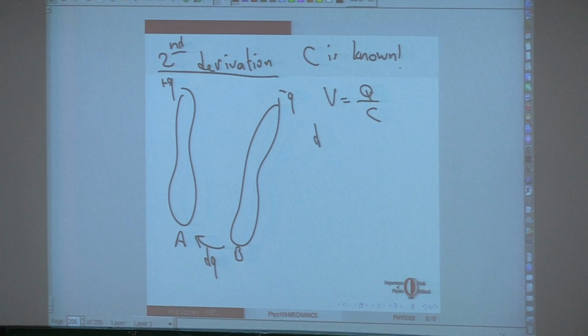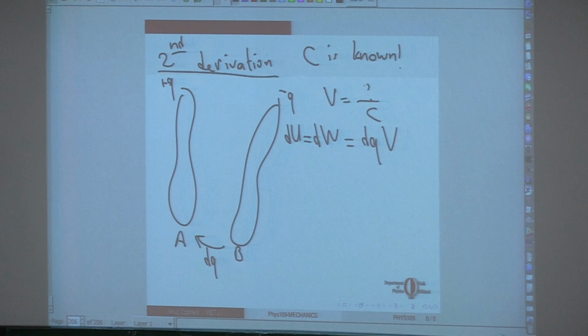Now, what is the work done? How much work should I do if I want to carry an additional charge dQ from conductor B to conductor A? dQ times V. But the work that I do is stored in the internal energy of my system, so this work is nothing but the change in the potential energy of my system.